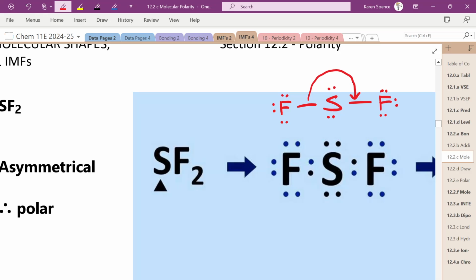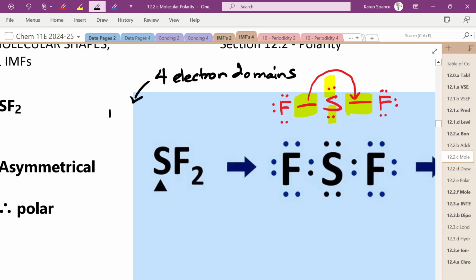Because what you have to do is say, how many electron domains do I have? I have 1, 2, 3, 4 electron domains. And if I have 4 electron domains, my basic electron domain shape is what?